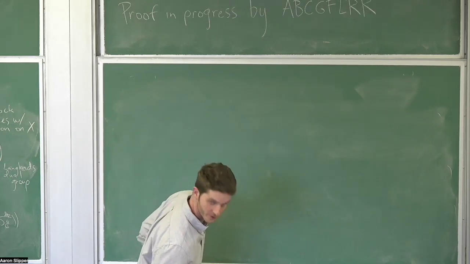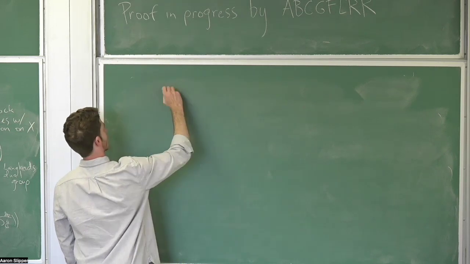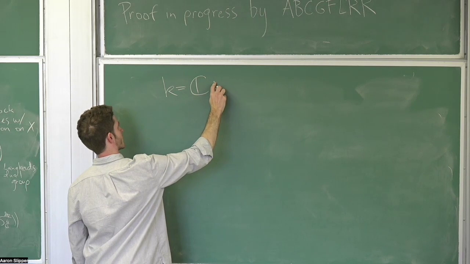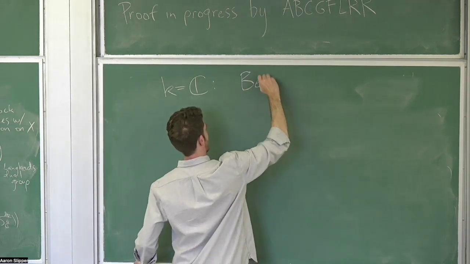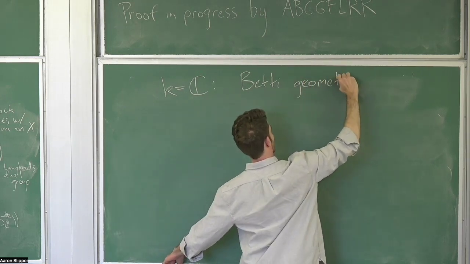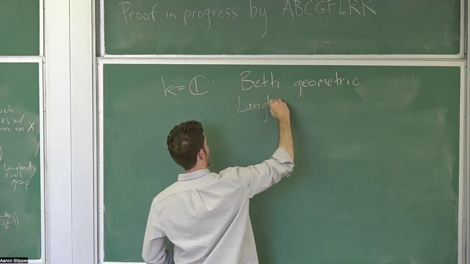Okay, so that's the de Rham situation. Now, in the case where k is actually the complex numbers, there's a different version of this, which is called the Betti Langlands geometric Langlands correspondence, or I should say equivalence.